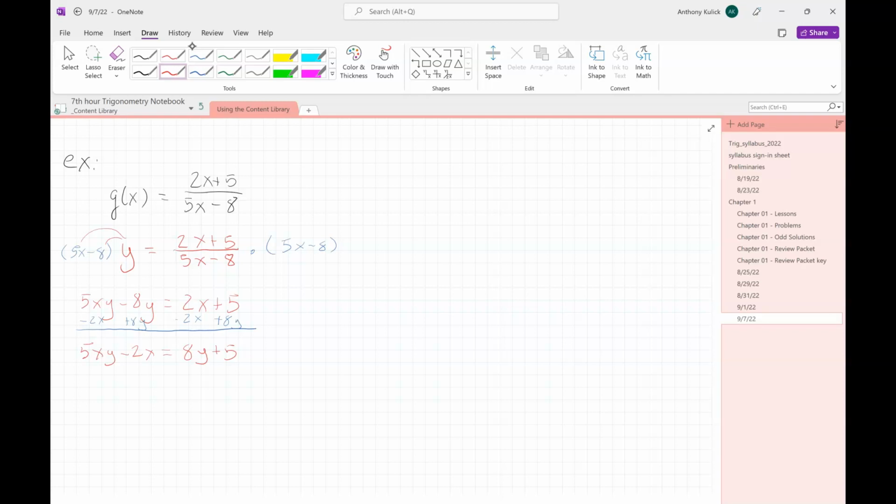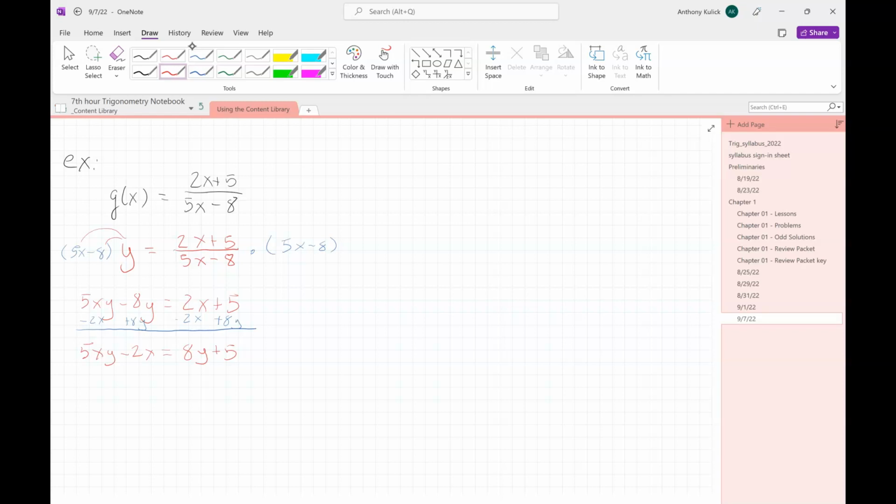Still have x's in more than one place, though, right? How can I get x's in two places and turn that into an x in one place? This is an Algebra 1 skill. It starts with the letter F. Factoring, right? And what kind of factoring specifically are we going to be doing here?